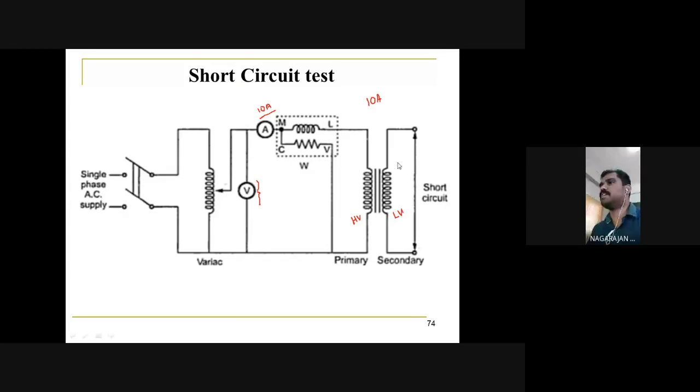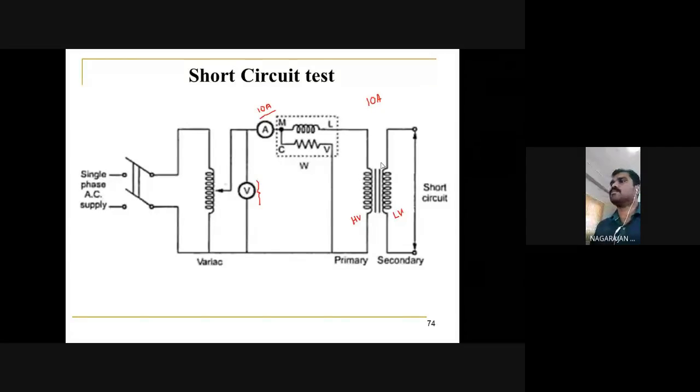Dealing with 100 amperes and 50 amperes is very difficult, and it is dangerous as well. Even 5 amperes can cause huge damage to the winding and to the people who are dealing with the test. So we are doing the short circuit test in the high voltage side of the transformer.